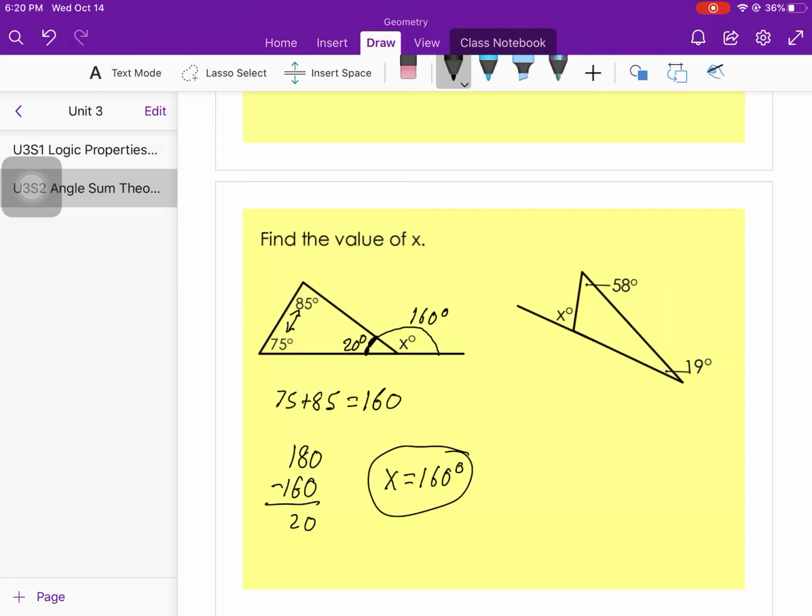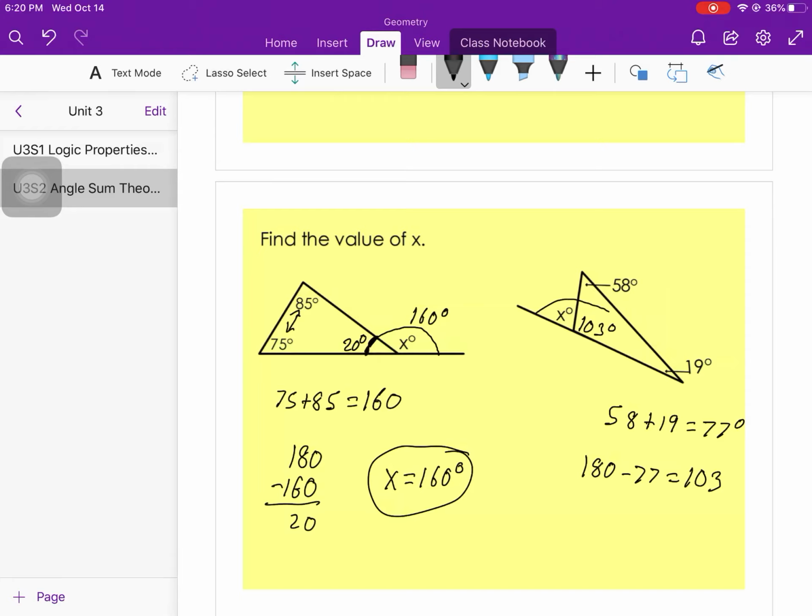So now let's go over here. Let's do this next one. So same thing, let's add up 58 and 19. That is going to give us 77. So together those make 77. Then if we take 180 minus 77, we get 103.